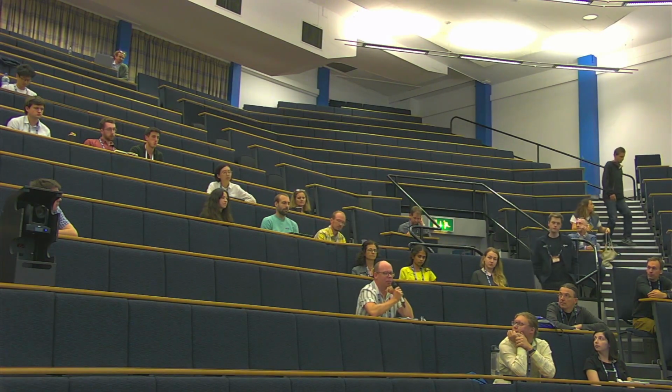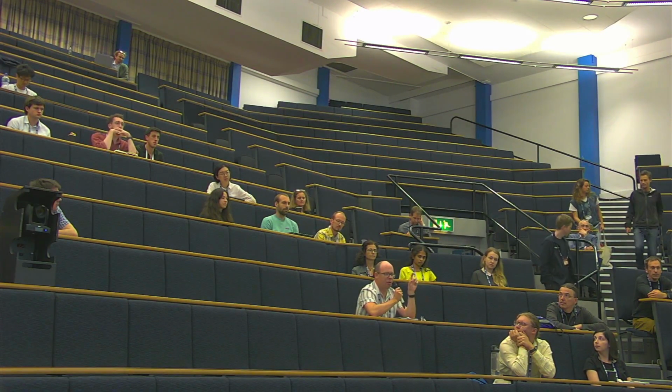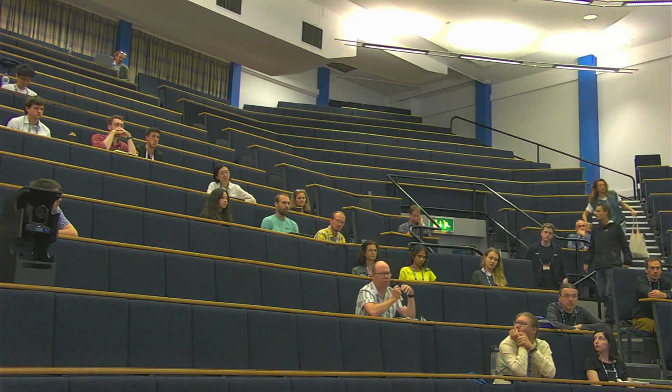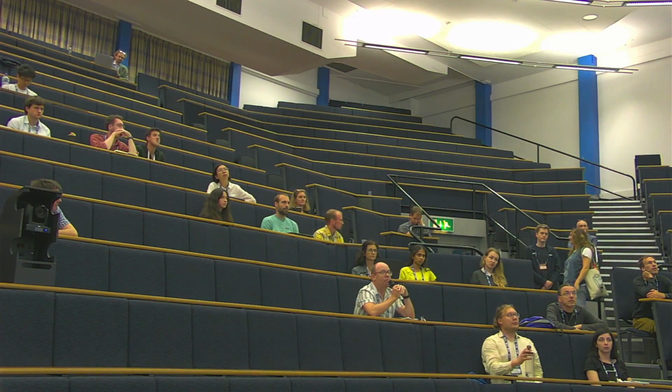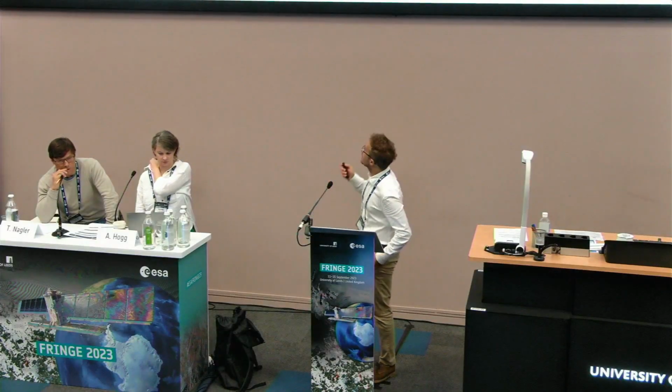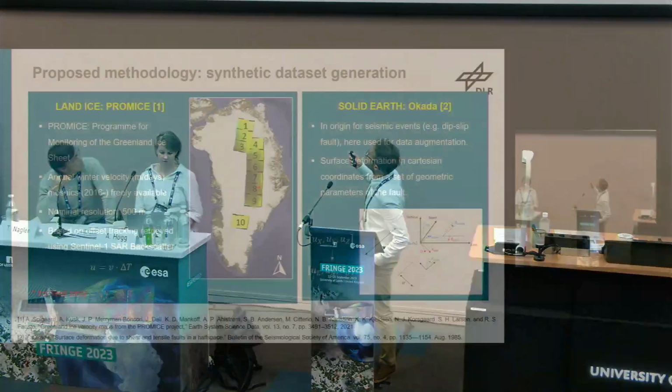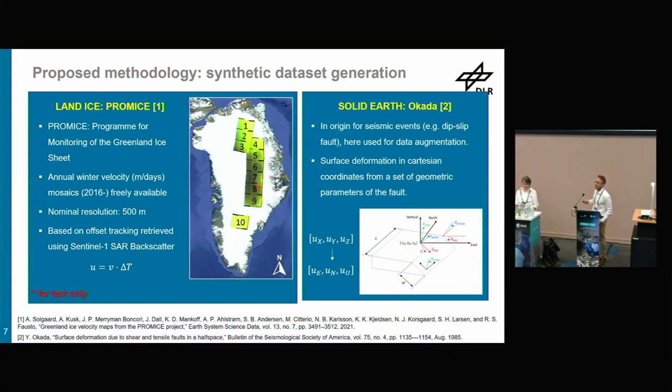Did you use a velocity map for the co-registration before performing the interferograms? You mean, okay, basically, here, I think this slide, the product is providing clearly the ice velocity map.